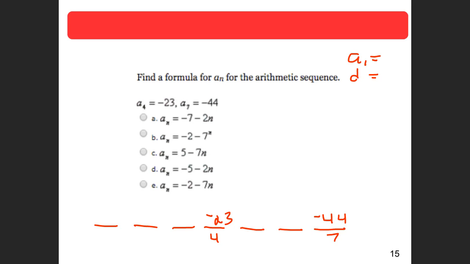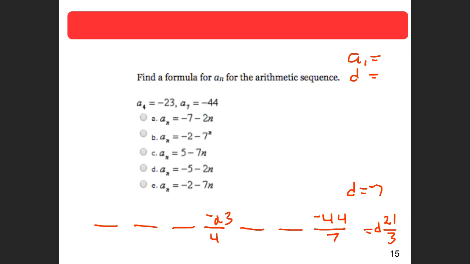All we have to do is subtract the top numbers, okay? Because how far apart are they? They're 3 apart. 4, 5, 6, 7, so they're 3 apart. And what is the distance between the numbers? I've got -23 minus -44, so they're 21 apart. So this will give me my d value. My d value is -7 because it's always going down.